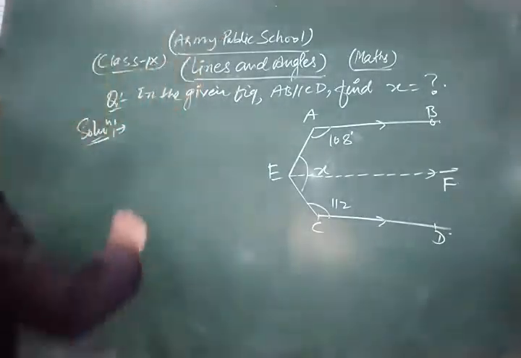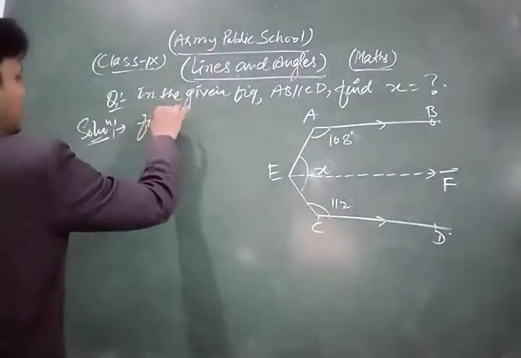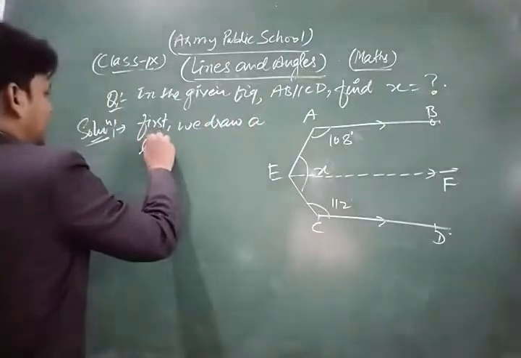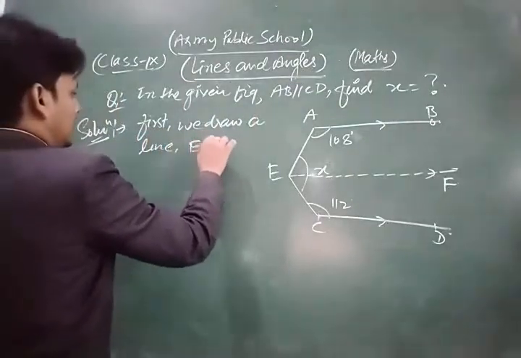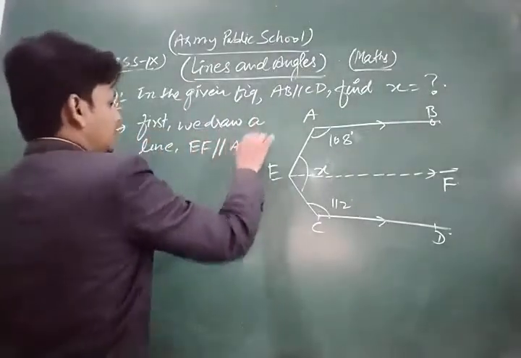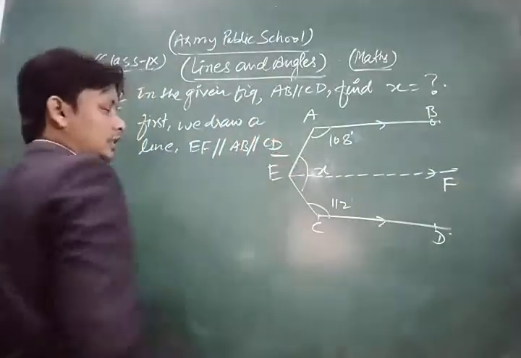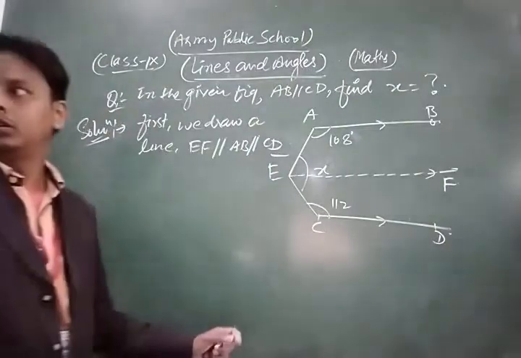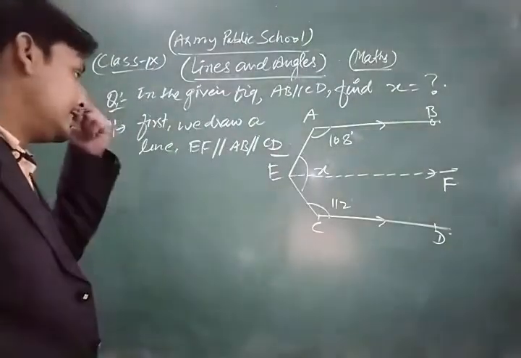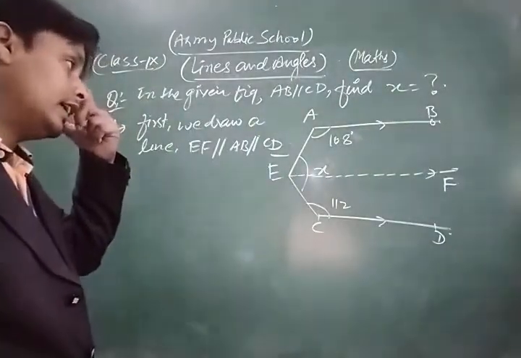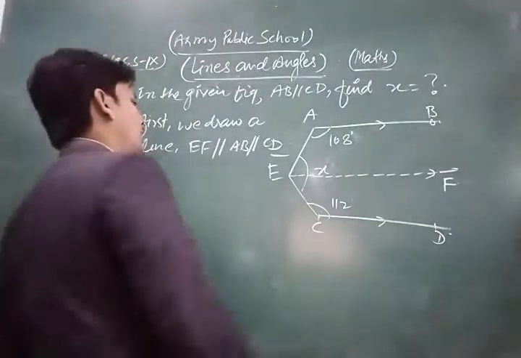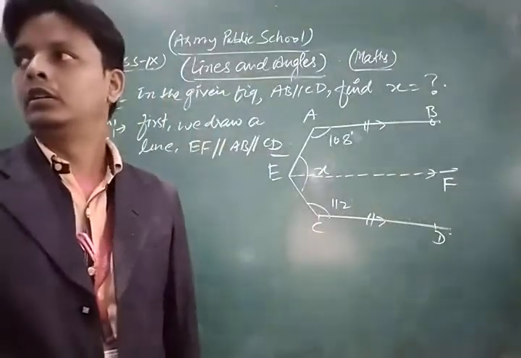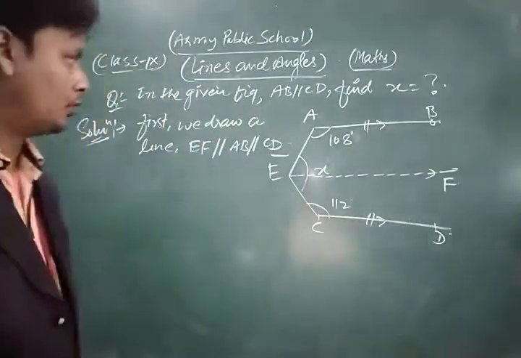First of all, we draw a line EF which is parallel to AB and CD respectively. Okay.